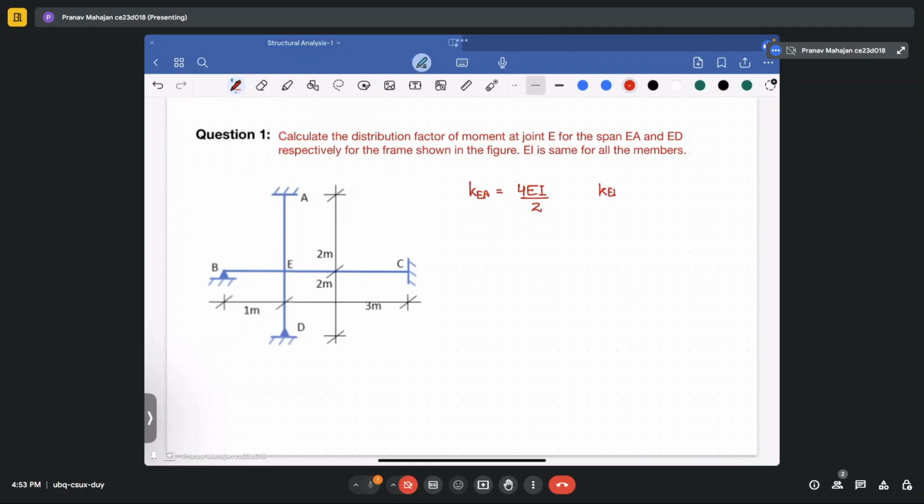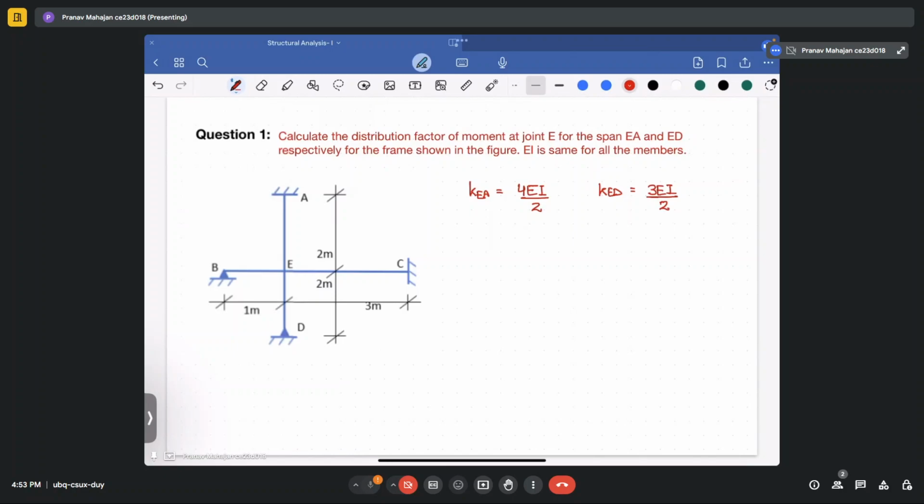So KED will be equal to 3EI upon, what is the length? Length here is 3. So 4EI upon 2 meter. This is 2 meter. Okay. And this is 3 meter and 1 meter.